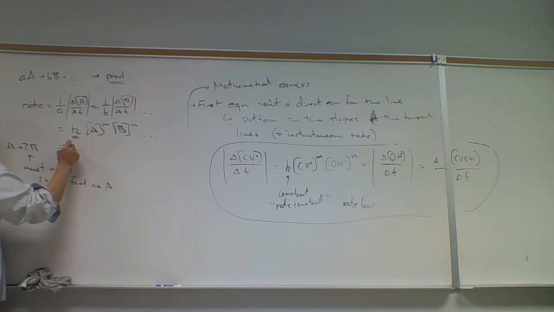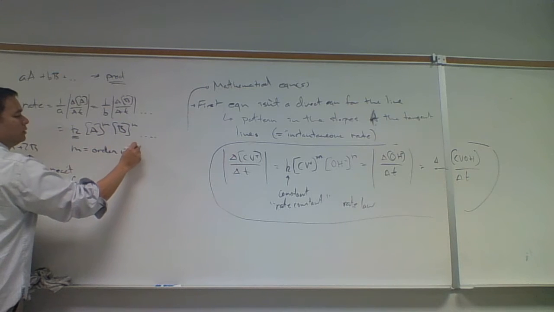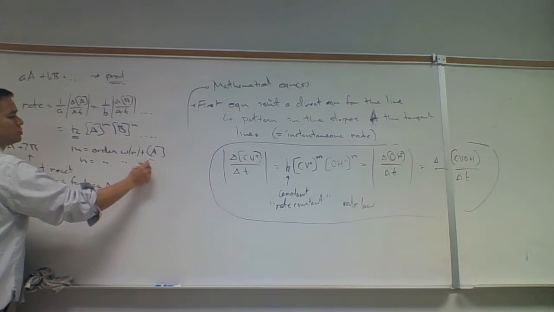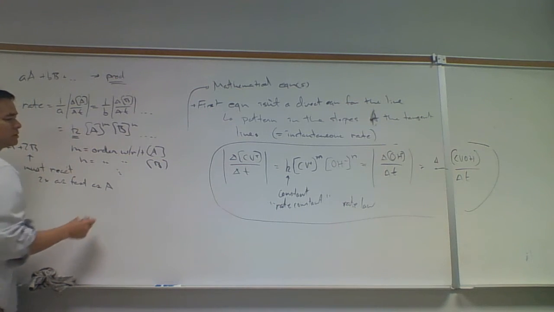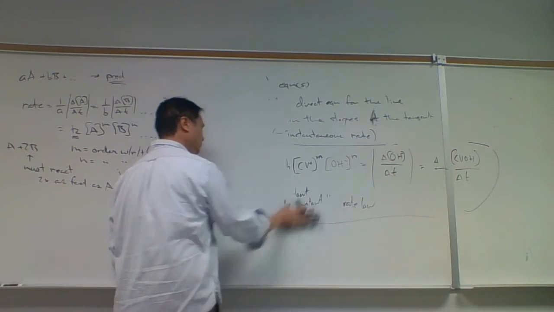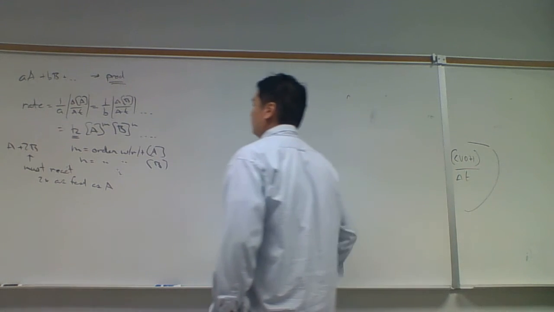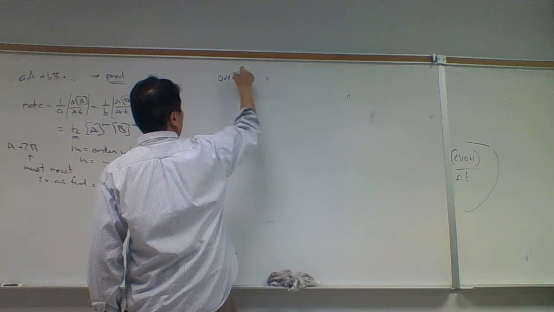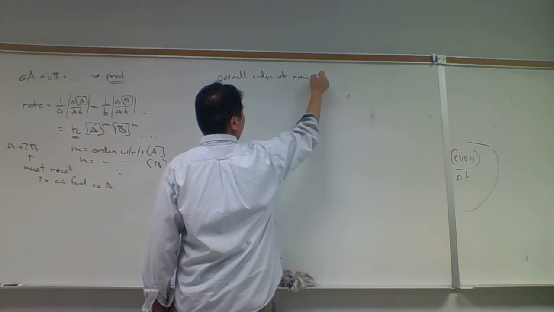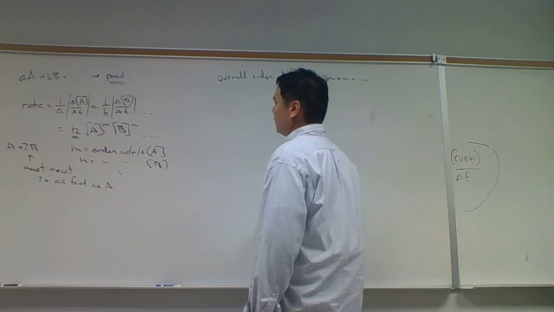Now, k is the rate constant, m is called the order with respect to the concentration of A, n is the order with respect to the concentration of B, and then we just continue. o would be for C, etc. We have the overall order of reaction, which equals just m plus n plus dot, dot, dot.